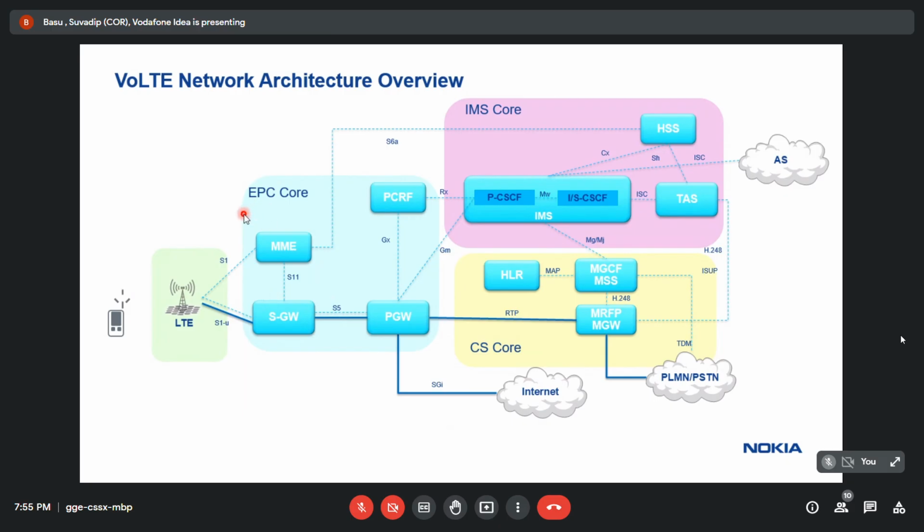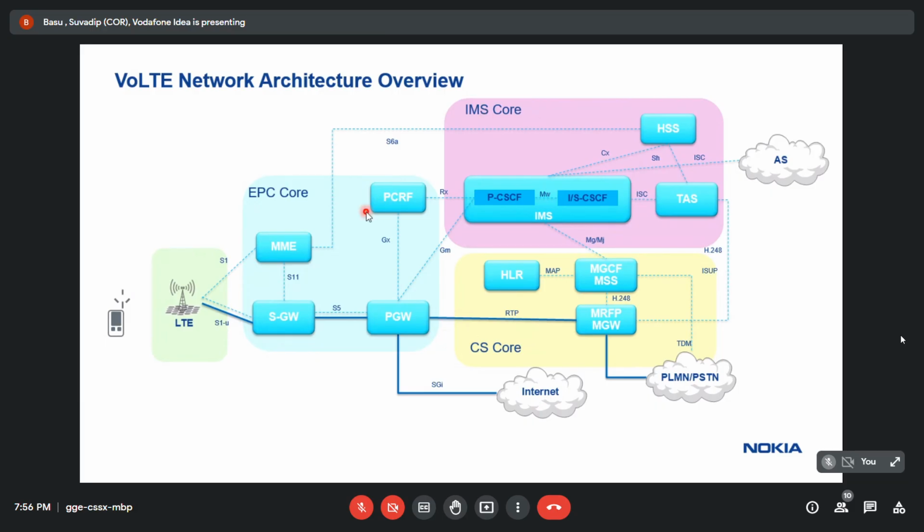Now what is the evolution? In the 2G and 3G system, we used to have a GGSN and an SGSN here, which are the basic packet core nodes. Those are getting replaced by the S gateway and the P gateway, which are equivalents of GGSN and SGSN in the 4G scenario.